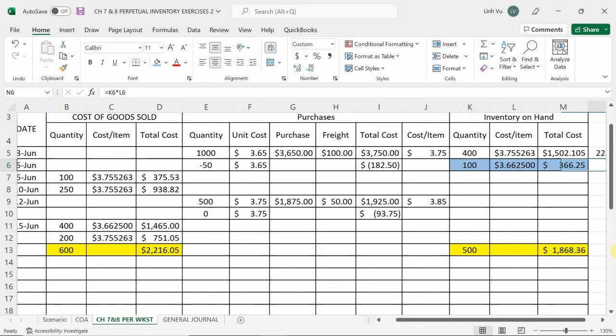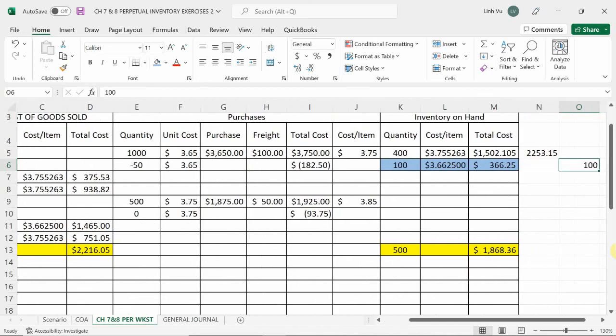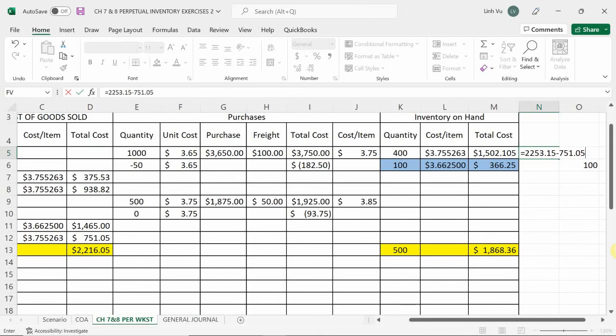So in this case, I should have 400 left, right? Right. Okay, so if I started at 2,253.15, 2,253.15 minus 751.05, I should have exactly $1,502.10. Okay, which I do.